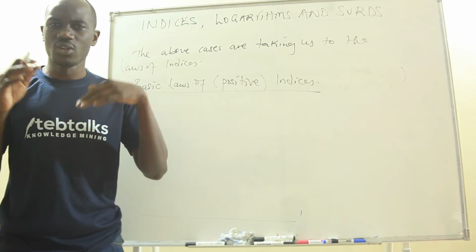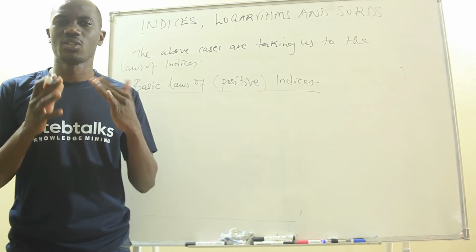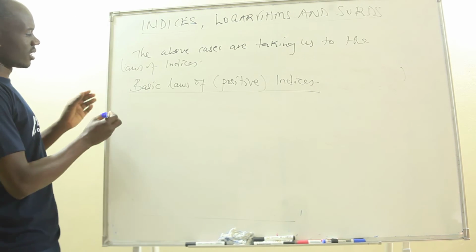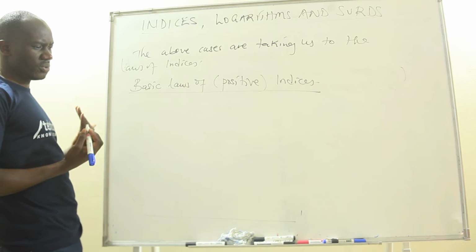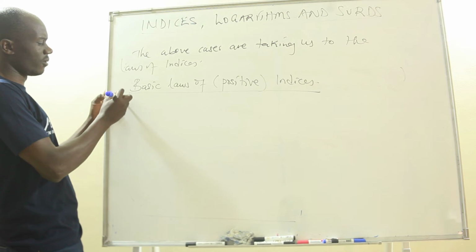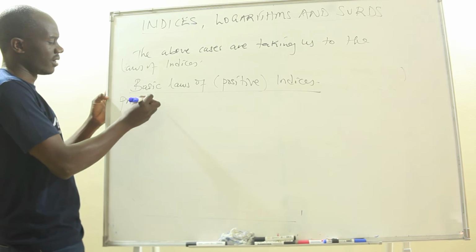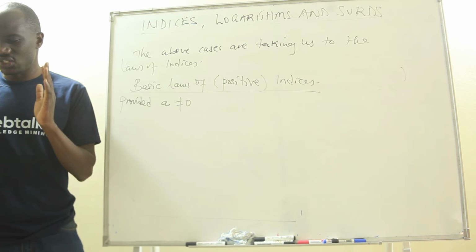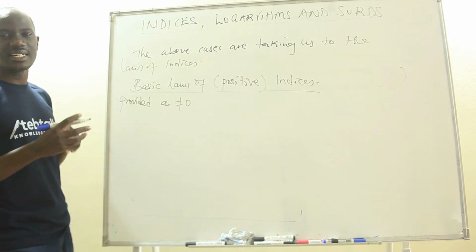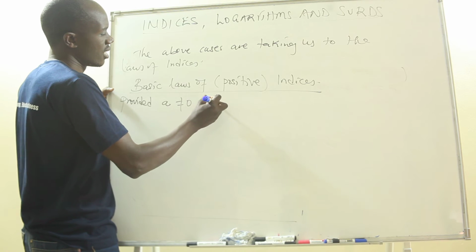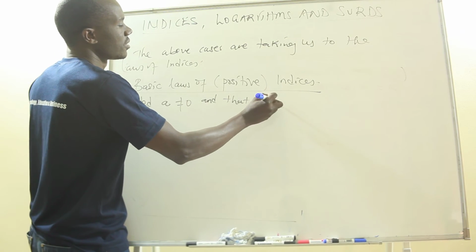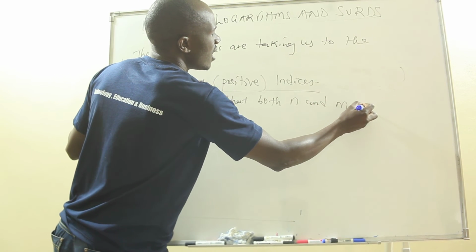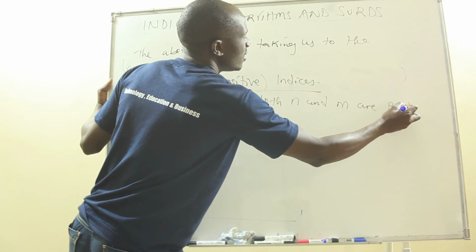Before we proceed on doing all the numbers, the first step is you must know the laws which are governing us on these atoms. We are going to be using these numbers. We can say provided that A is not equal to 0, and that both N and M are positive integers.